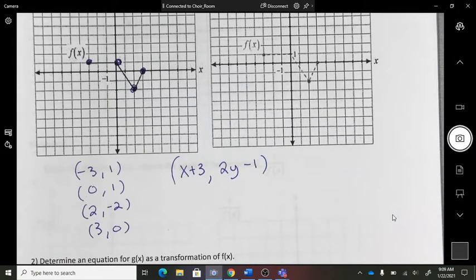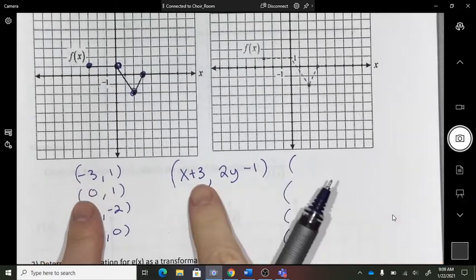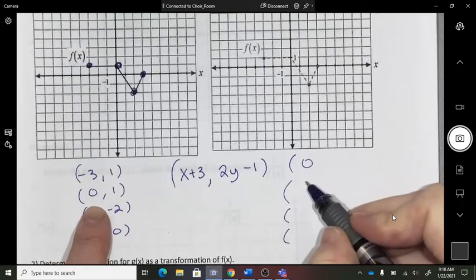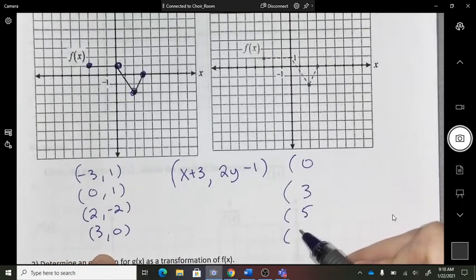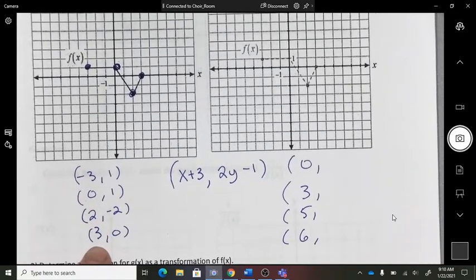Okay, so let's just run all the coordinates through. I'm going to do all of the x's here. So every x, I'm going to add 3. So 0, 3, 5, and 6. Are we good with that? Okay, then I'm going to do all my y's.